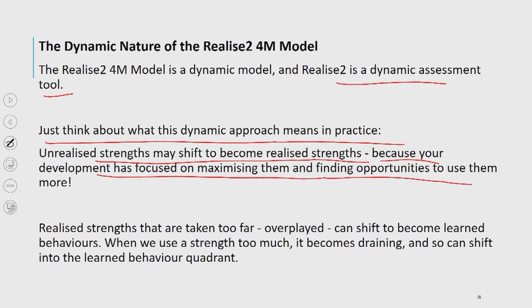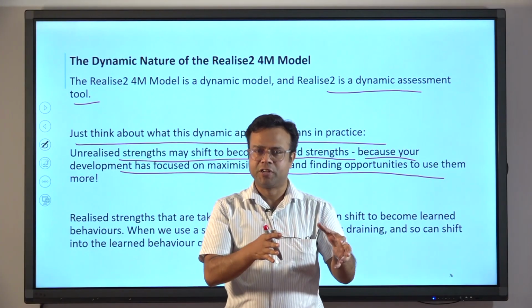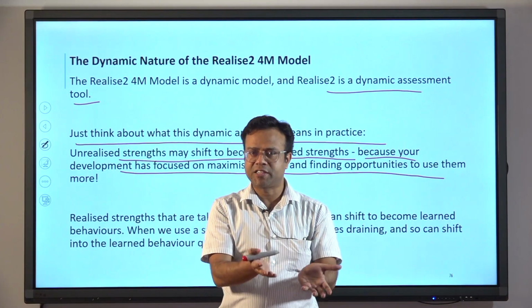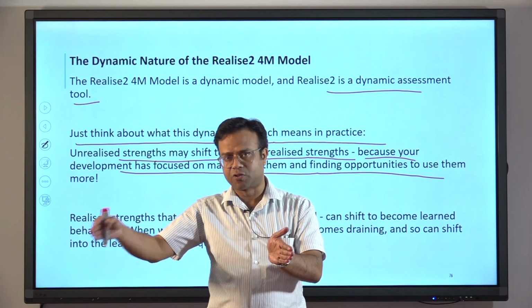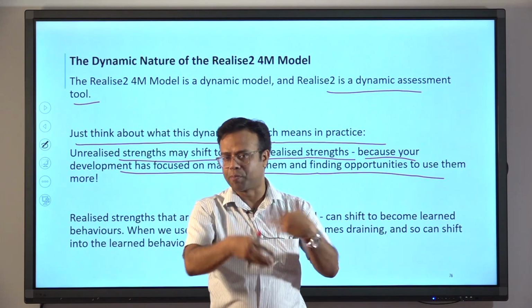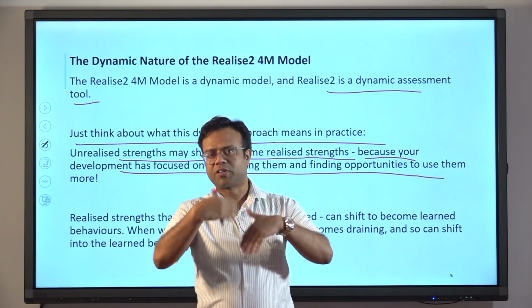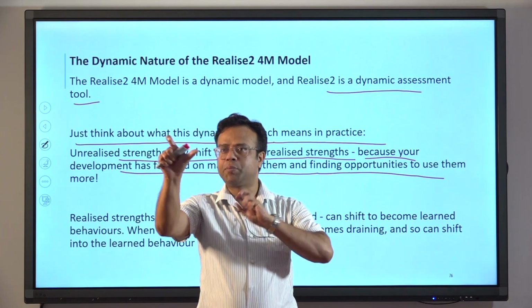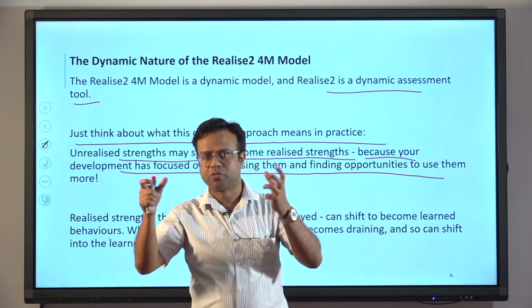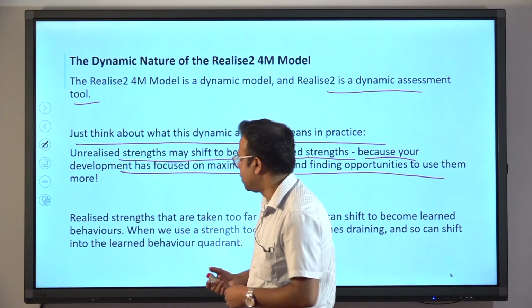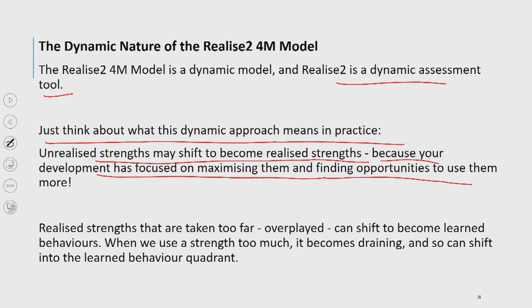So these strengths are very dynamic. These categories are not fixed. Today something is an unrealized strength, tomorrow it can convert into a realized strength if you use it more and more. So that is what dynamic means. These categories can keep changing based on your use and understanding.